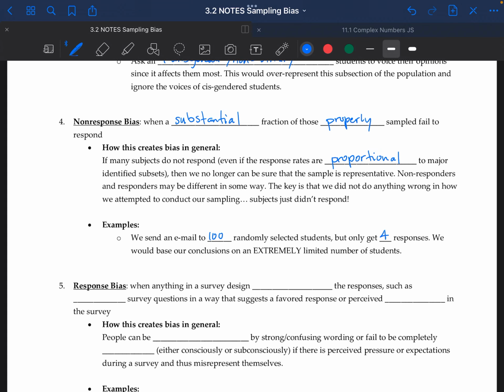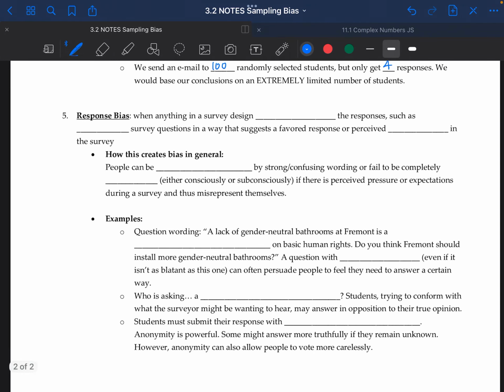Sometimes it's not that bad, but sometimes it is, and that's something you have to worry about. The follow-up would be to try to follow up with the other 96 people, maybe try to sit them down and force them to work through it. The follow-up is not, oh, maybe I'll just sample another 100 and get some more, because that's still going to end up with some non-response.